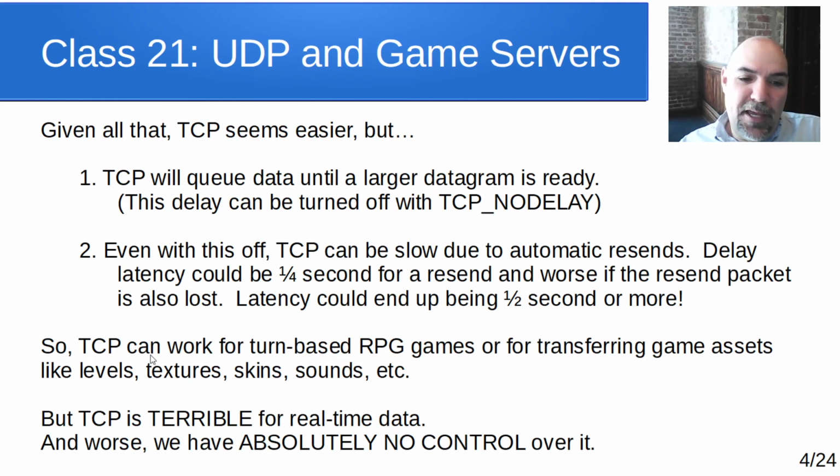So TCP can work for some games. Something along the lines of turn-based games like RPGs or puzzle games, or some sort of cooperative strategy game. For example, a networked version of a multiplayer Angry Birds game would work okay with TCP, because you're not doing stuff in real time.